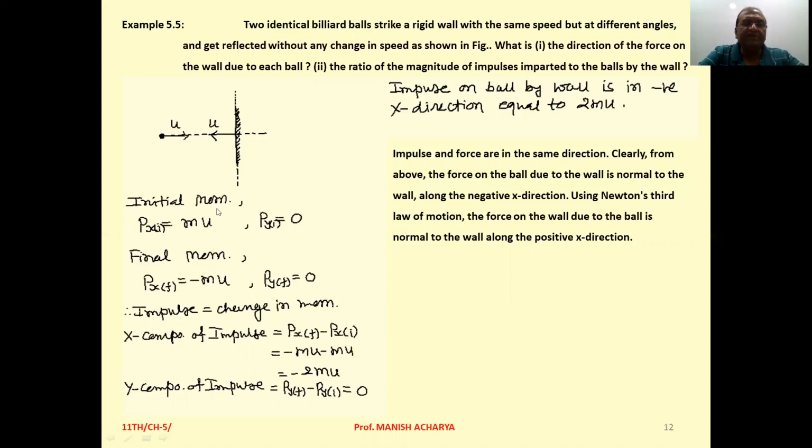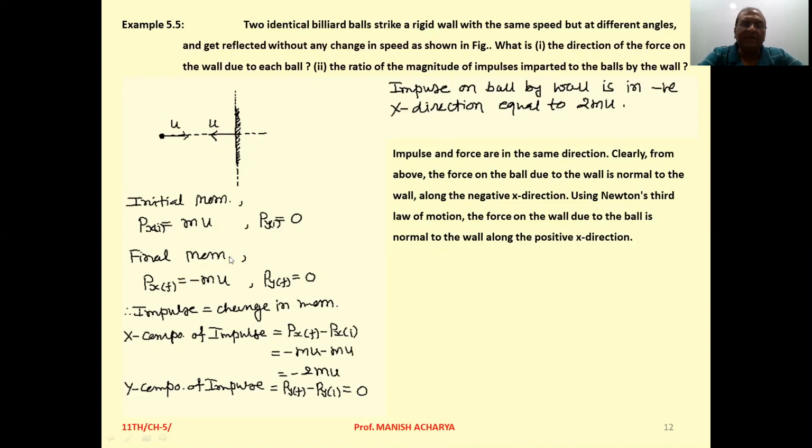Now initial momentum. Momentum is a vector quantity, therefore here the components of momenta are taken. Initial momentum in x direction is mass into speed, m u. Initial momentum in y direction: the motion is in x direction, so its component in y direction is 0.